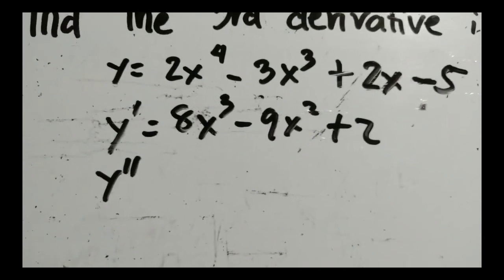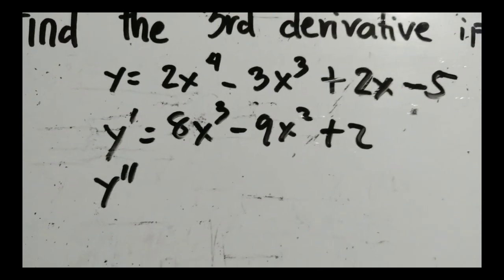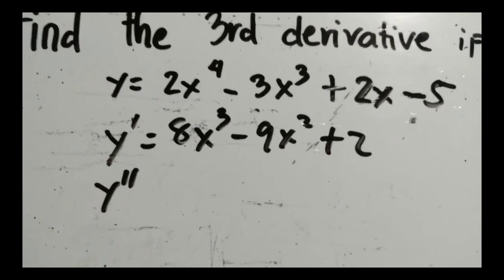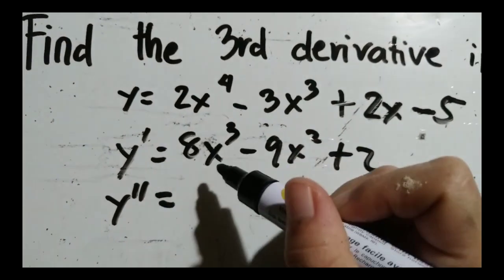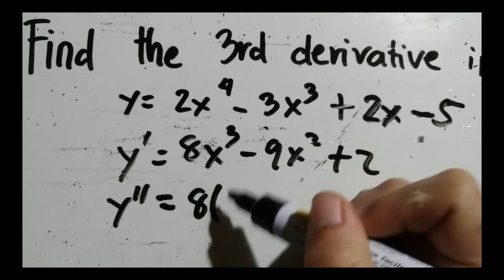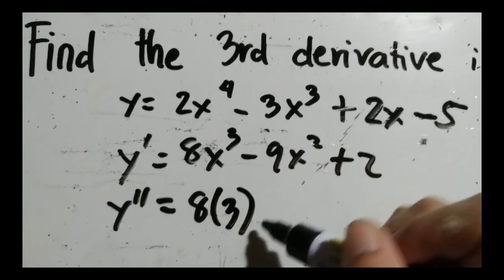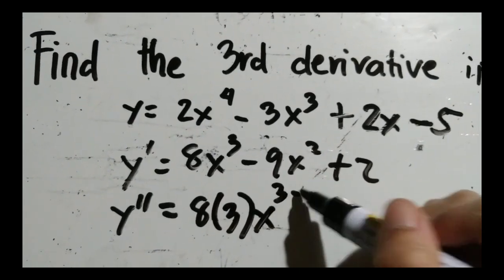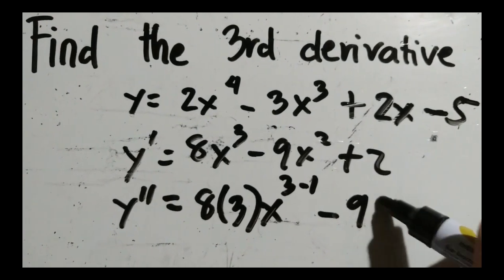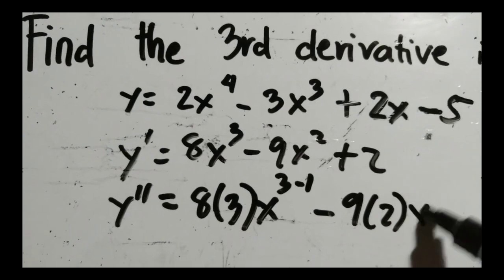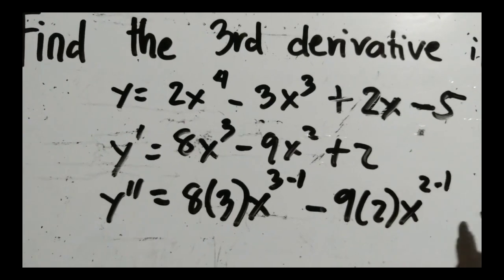Now we're going to find the second derivative. The same process: the second derivative is 8 times 3x raised to 3 minus 1, minus 9 times 2x raised to 2 minus 1.